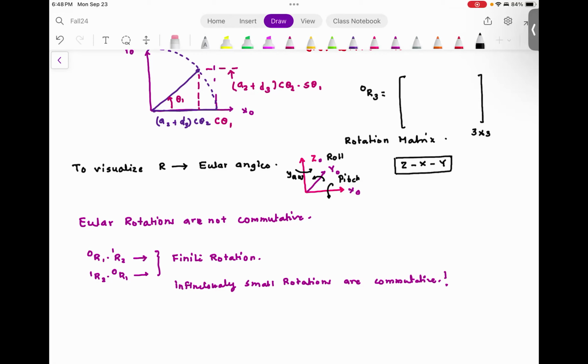Once we get this matrix, we use the MATLAB command rotm2eul, rotation matrix to Euler. Once you specify this command, it will take the 3x3 rotation matrix and give you roll, pitch, and yaw angles.